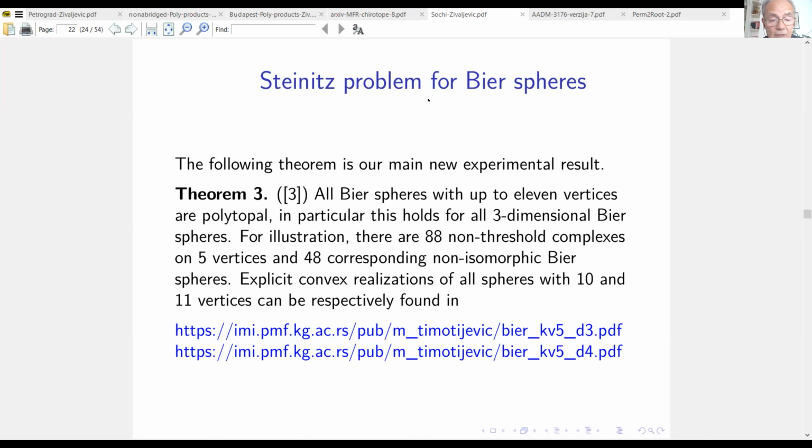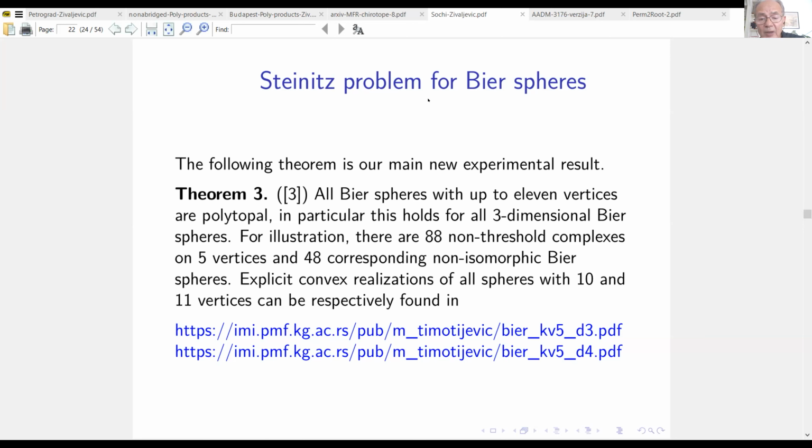And there is this enumeration. There are 88 non-threshold complexes on 5 vertices and 48 corresponding non-isomorphic Bier spheres, and they are all polytopal. Why do I mention non-threshold complexes here? Because by our theorem 1, we know that if a complex is a threshold complex, a weighted majority game, then it is automatically polytopal.